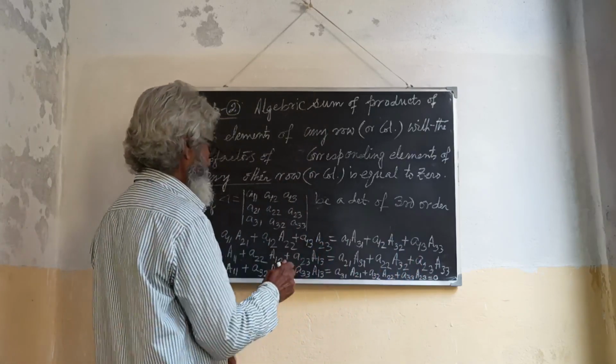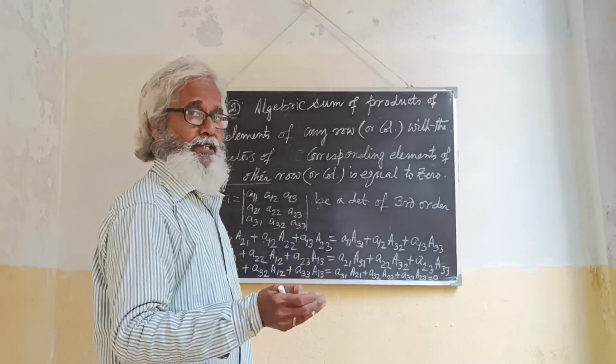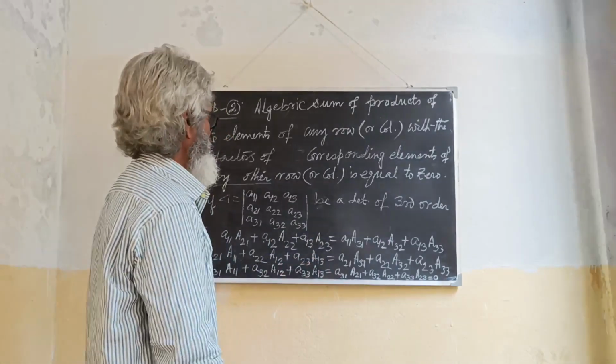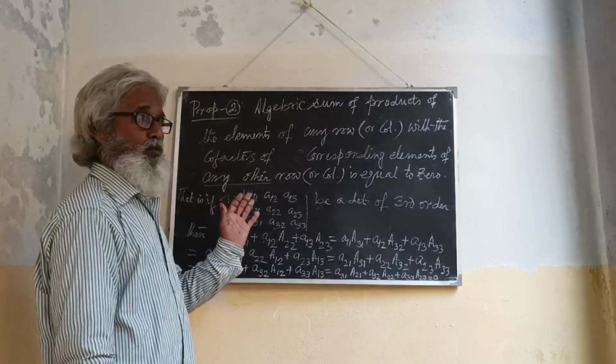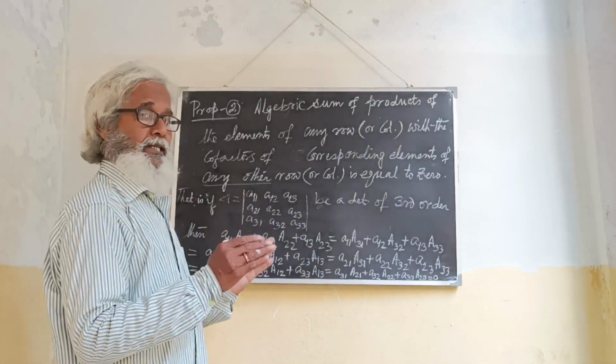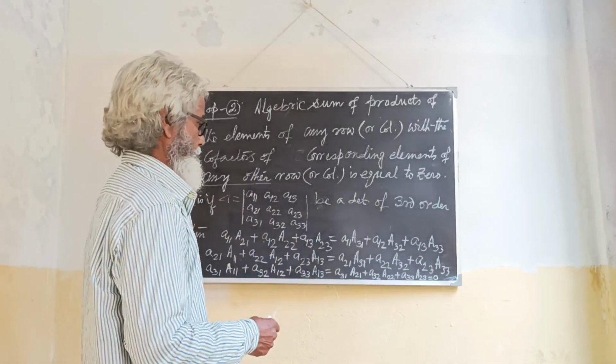All the expressions will give you the numerical value 0. This is property 2 of cofactors of a determinant.